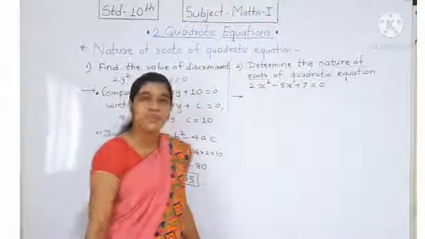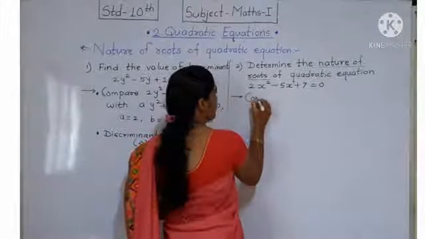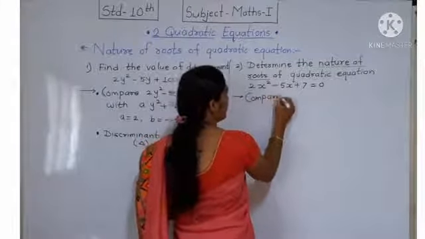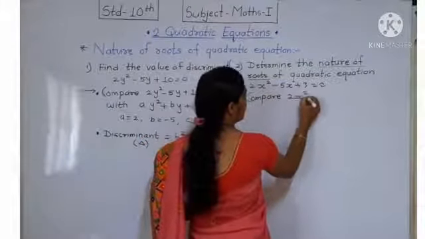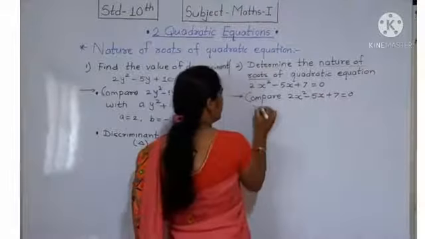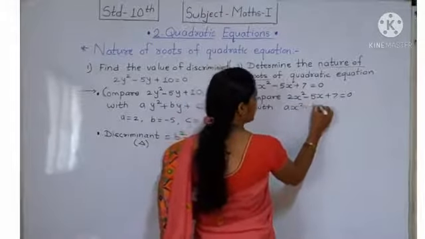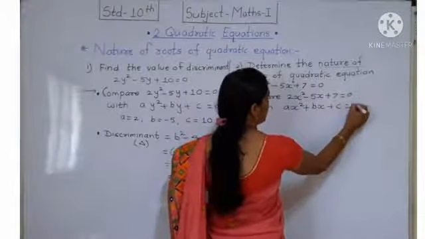So we first find the value of the discriminant. For this, compare the given equation 2x square minus 5x plus 7 is equal to 0 with ax square plus bx plus c is equal to 0.